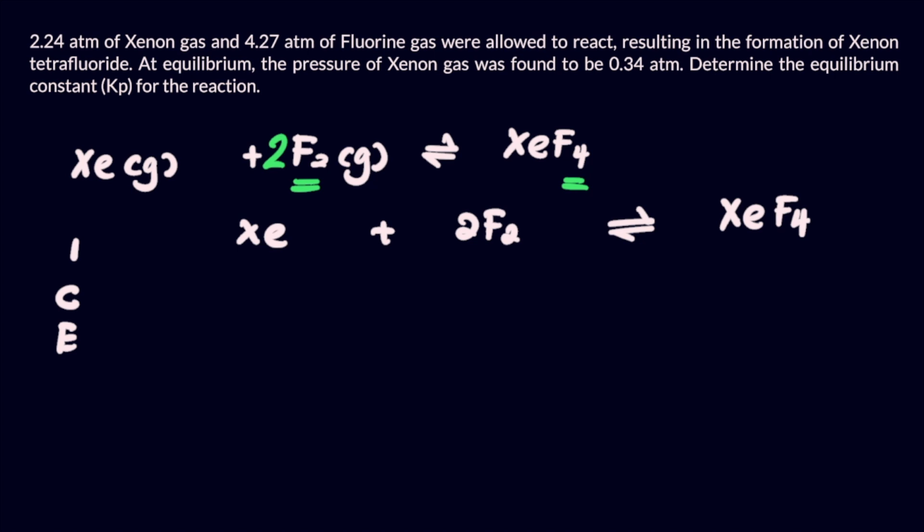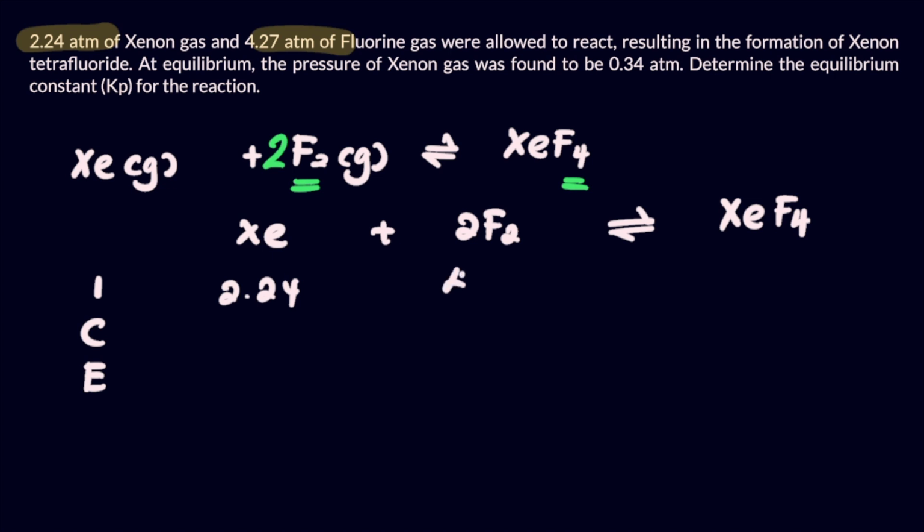Initially, the initial pressure for xenon is 2.24 atm and for fluorine gas is 4.27 atm.